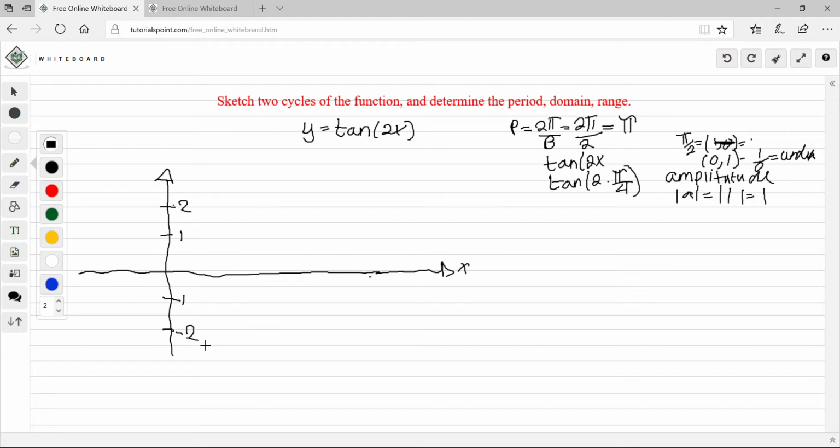Remember how I said 1 is not our max and min? So I'm just going to go over 1.